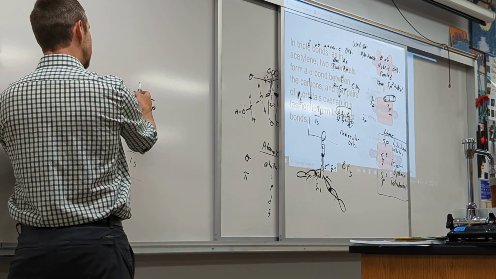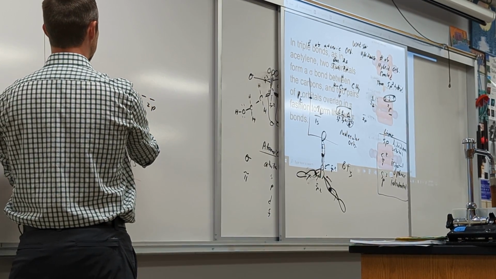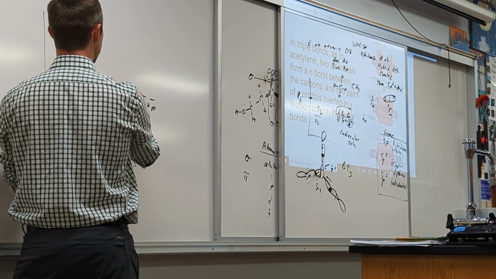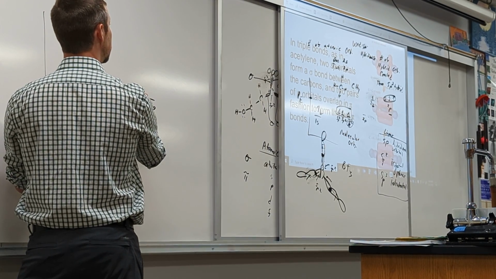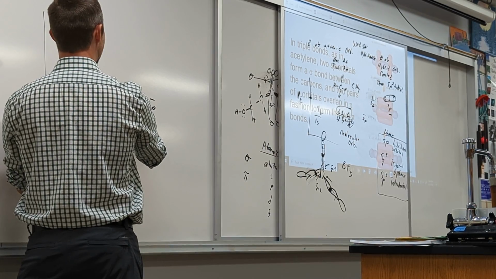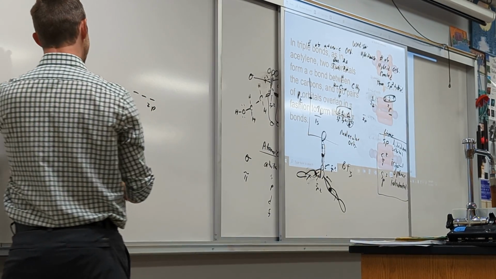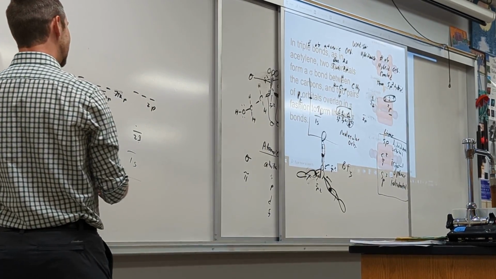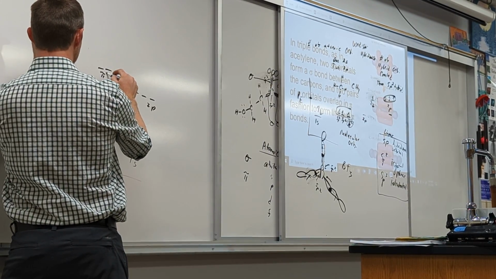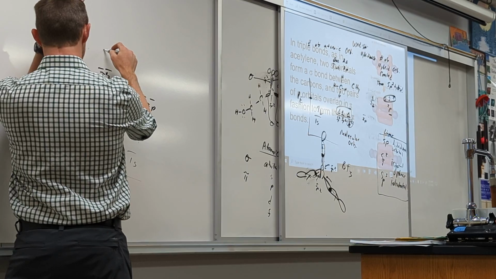The internuclear axis can still overlap to create a sigma 2p, or you can create two different pi 2p orbitals, and pi star, it hurts.